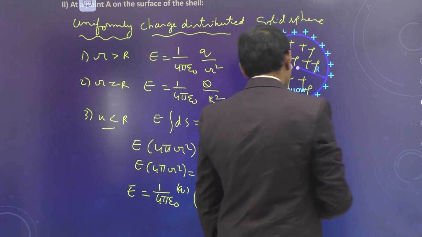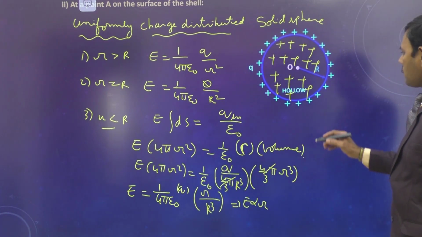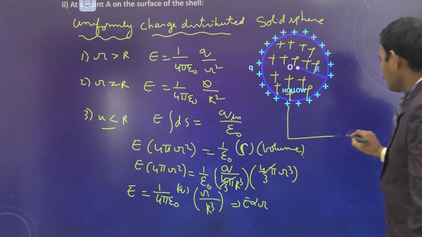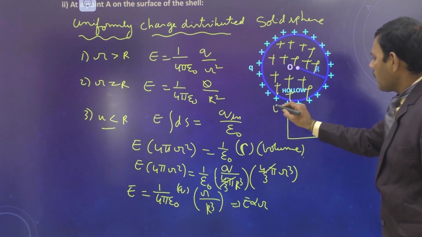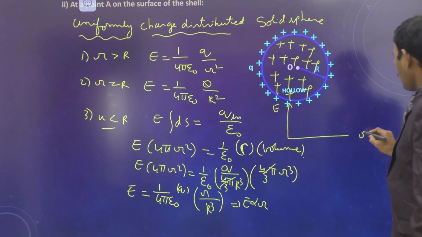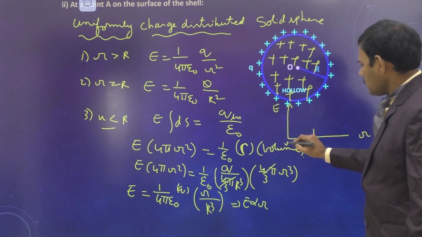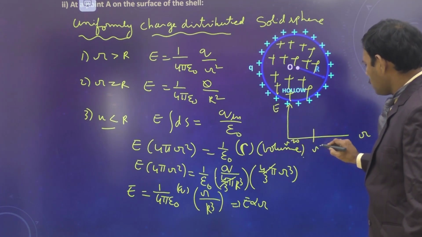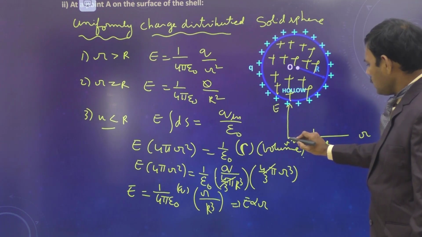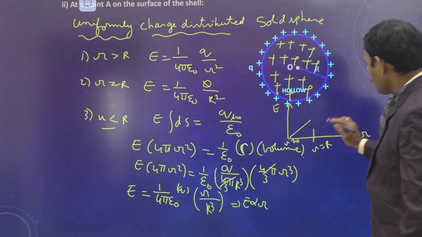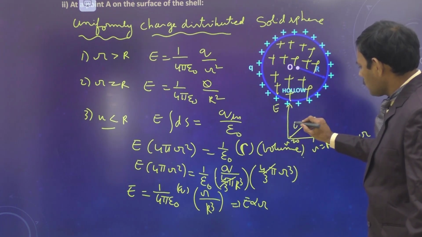If a graph is plotted for this situation, taking E along the y-axis and small r distance from center along the x-axis, from r is equal to 0 to r is equal to capital R, E is proportional to small r. So we get E proportional to small r.